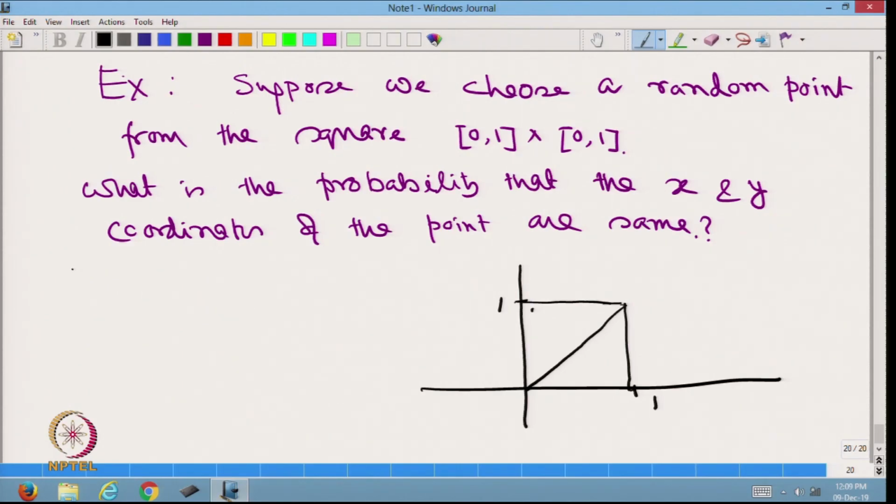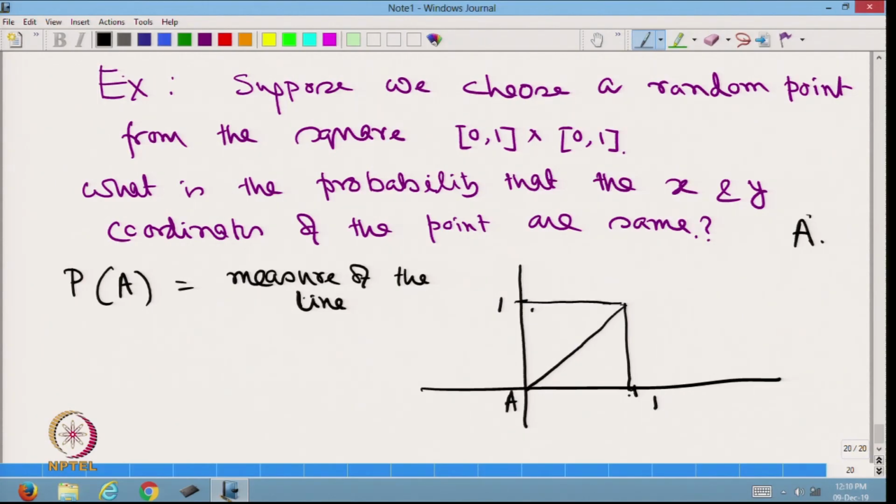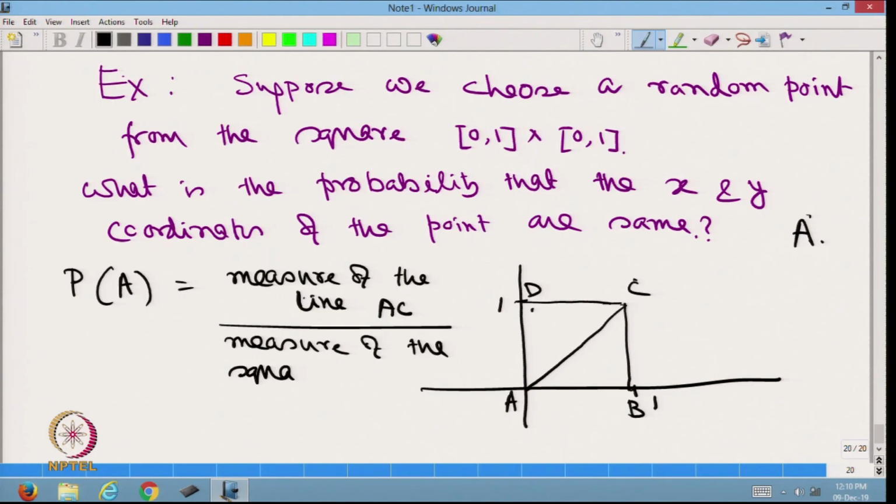So, probability of the event, let us call the event A. The probability of A is equal to measure of the line AC over measure of the square ABCD.